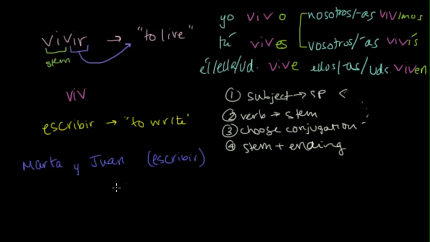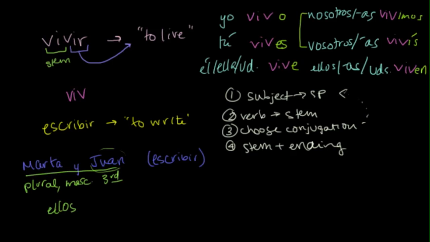So over here, let's look at our subject, which is Marta y Juan. And of course we see that those are names, not subject pronouns, so we have to figure out which subject pronoun would replace them. So it's plural since there are two. It's going to be masculine because there's one boy involved. And it's in the third person because we're talking about them, so we need ellos.